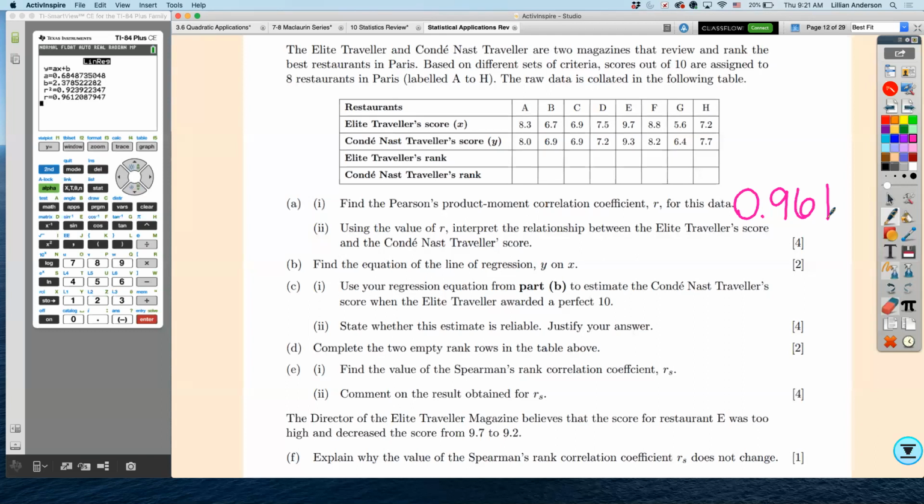But you just don't want to say strong. You're talking about the relationship between two different magazines. So interpret in context of the problem: the relationship between the two magazines is very strong.